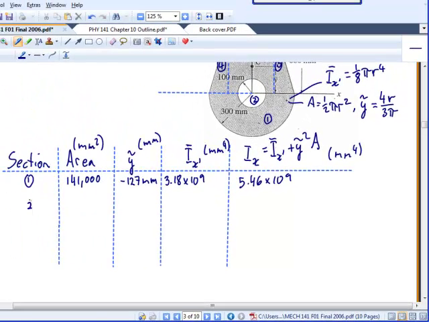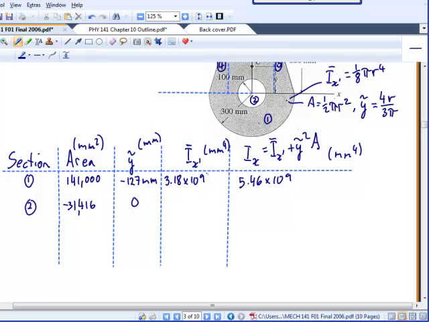Section 2 is the circular hole. So its area is pi r squared, but it's negative. The radius is 100, so 100 squared would be 10,000 times pi, negative 31,416. Where's its centroid? It's right at the origin, so it's going to be at 0.